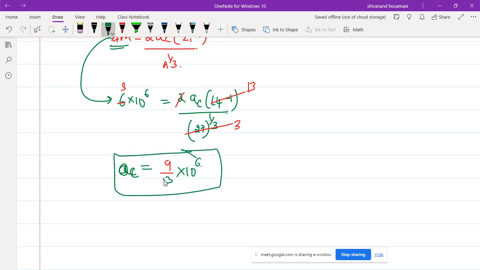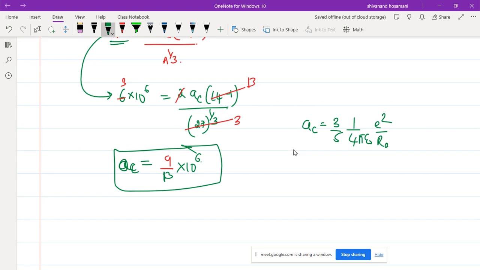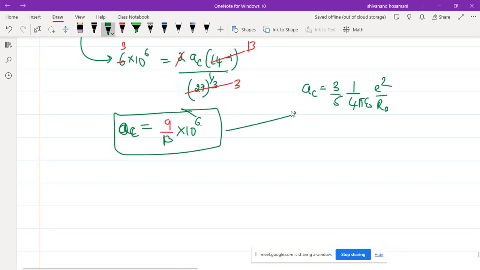Once you calculate this, we already know that AC is equal to 3 by 5 times 1 by 4 pi epsilon naught, e square divided by R naught. Then we can substitute AC back from here to get the R naught value. How do we calculate R here?